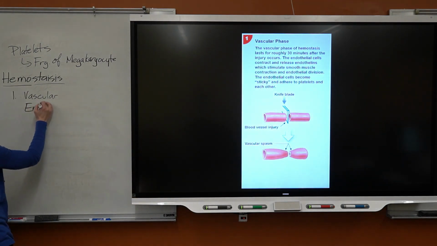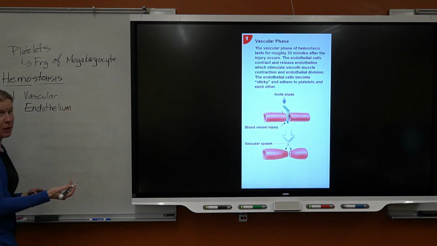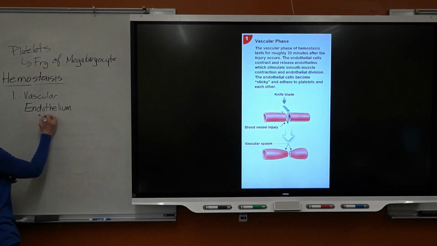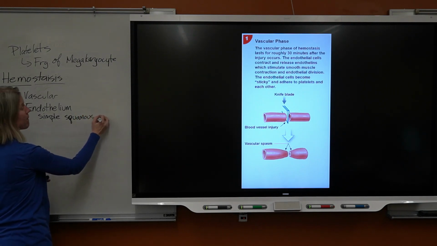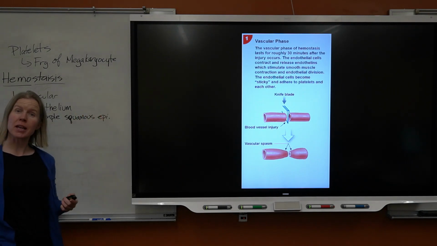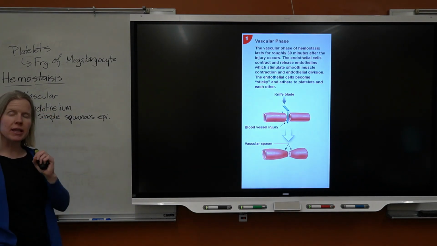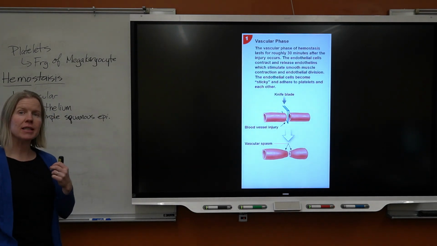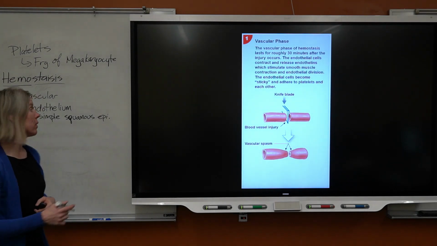So the endothelium is damaged. And again, this is simple squamous epithelium. It just has a special name when it's here in the cardiovascular system. So this injury is going to cause the endothelium to release endothelins.